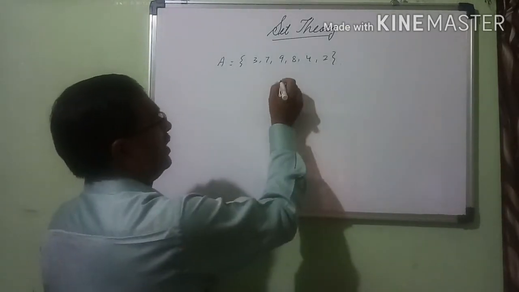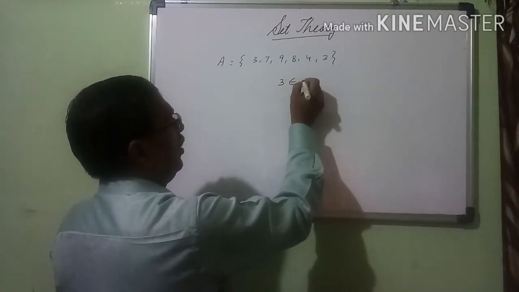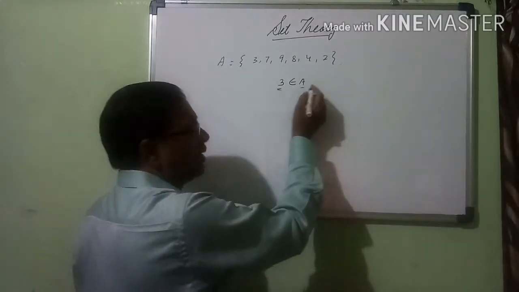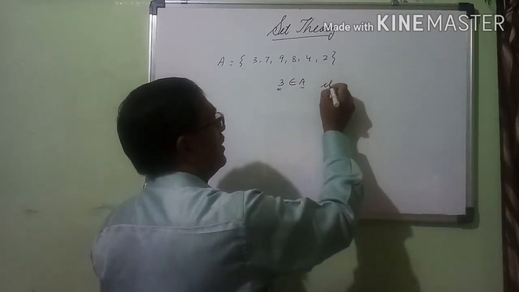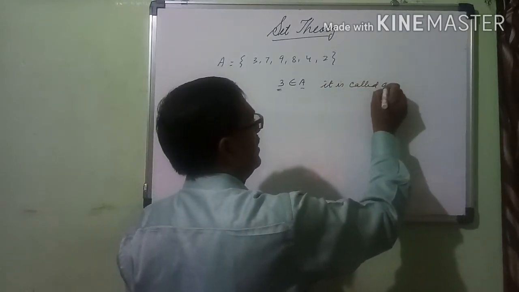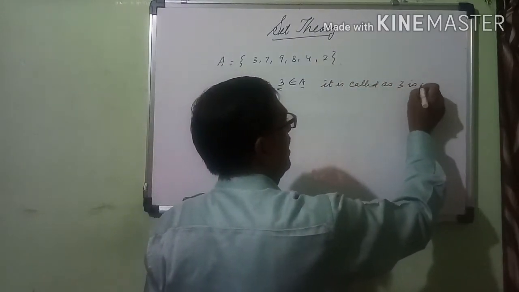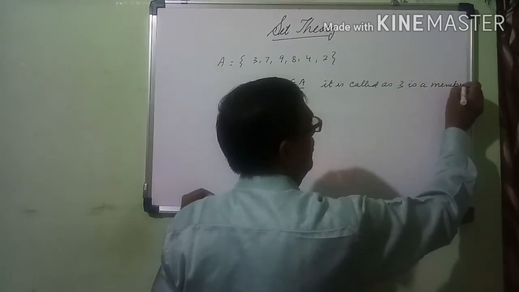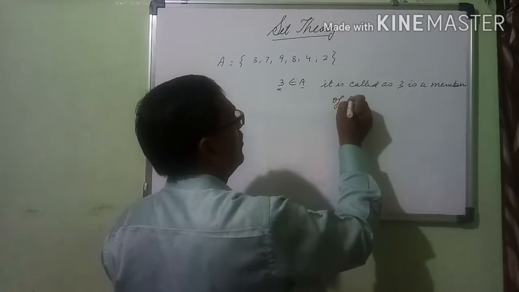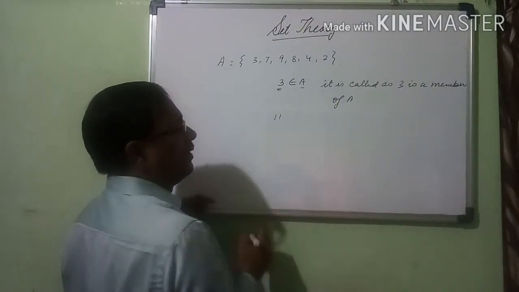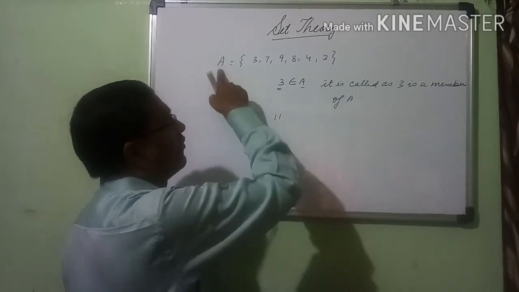So we can say that 3 belongs to A. 3 belongs to A means 3 is a member of A. But if I say 11, is it a member of A?